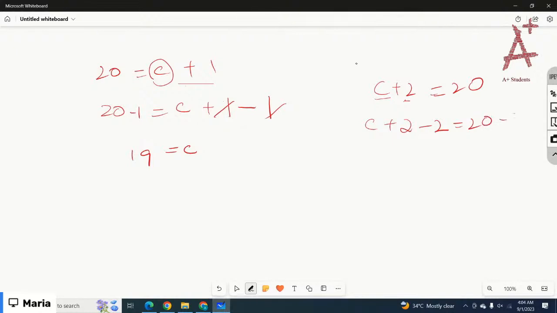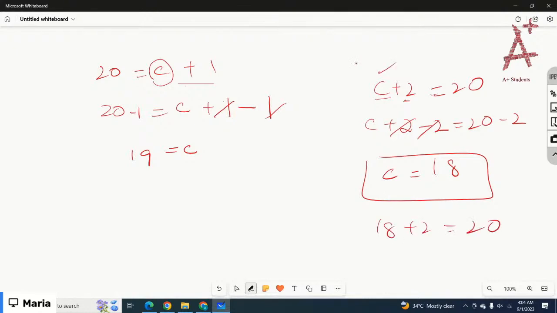You have to subtract 2 both sides, right? So 2 minus 2 makes 0. You are left with c here, and 20 minus 2 is 18. That means c is 18. You can also check by adding 18 plus 2 equals 20. Just add 18, 19, 20. 20 equals 20, right?